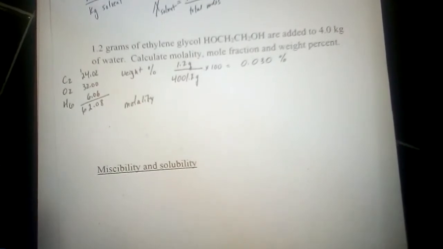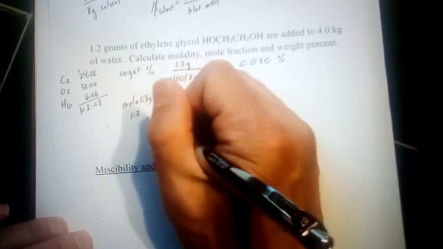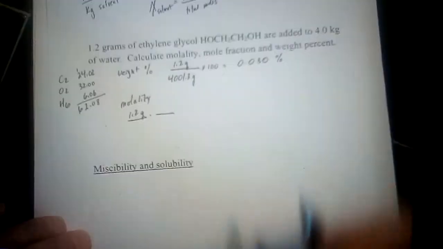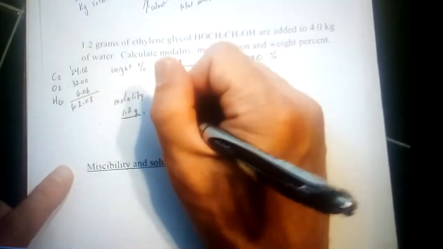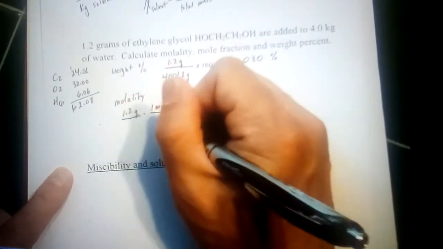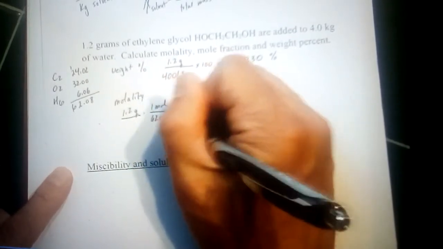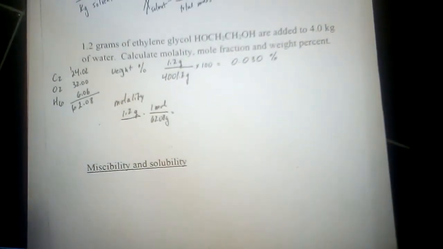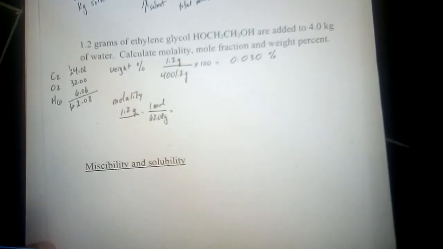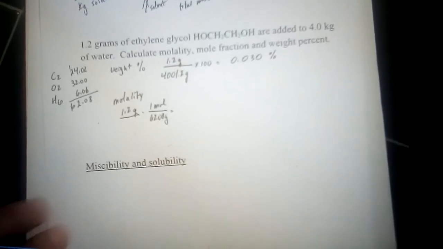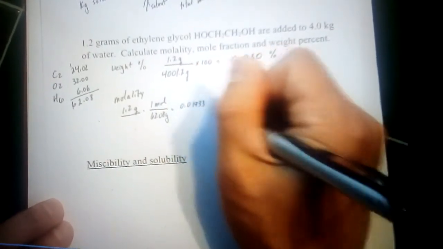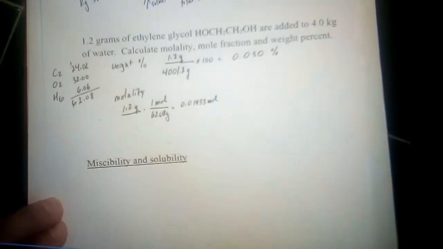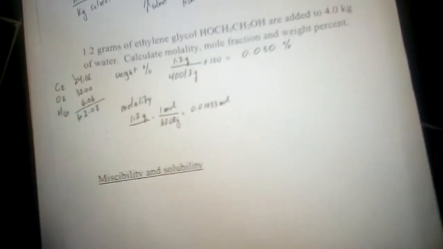So we've already got kilograms of solvent, that was given, so let's change our grams of ethylene glycol to moles, so we can use that in the molality. 1.2 grams of ethylene glycol, we already calculated its molar mass. 1 mole is 62.08 grams. 1.2 divided by 62.08 is 0.01933 moles, keeping a couple extra digits there before we round up the final answer.